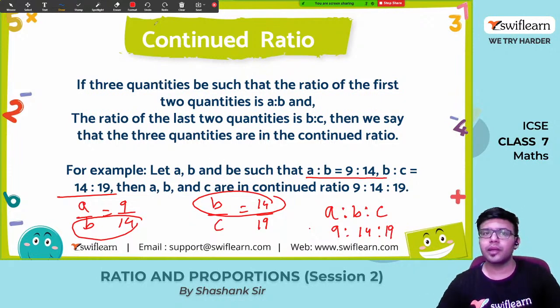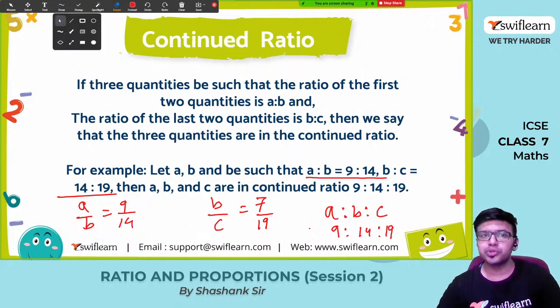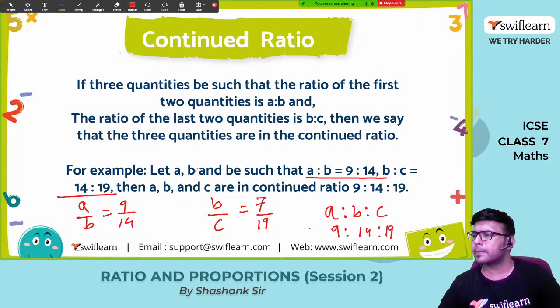Now you may ask me, sir, if B and C are in the ratio of 7 is to 9, then how to write? Here the ratio is not the same. Make them the same. This is 14, this is 7. What is the lowest common multiple? The lowest common multiple of both the numbers is 14, right?